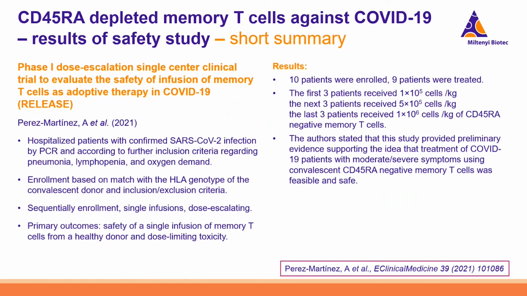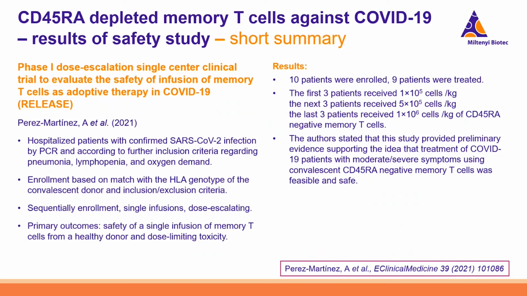3 patients each received 3 escalating doses ranging from 1 × 10⁵ cells per kilogram to 1 × 10⁶ cells per kilogram of CD45RA negative memory T cells. The clinical outcome of the study is described in the publication cited below.